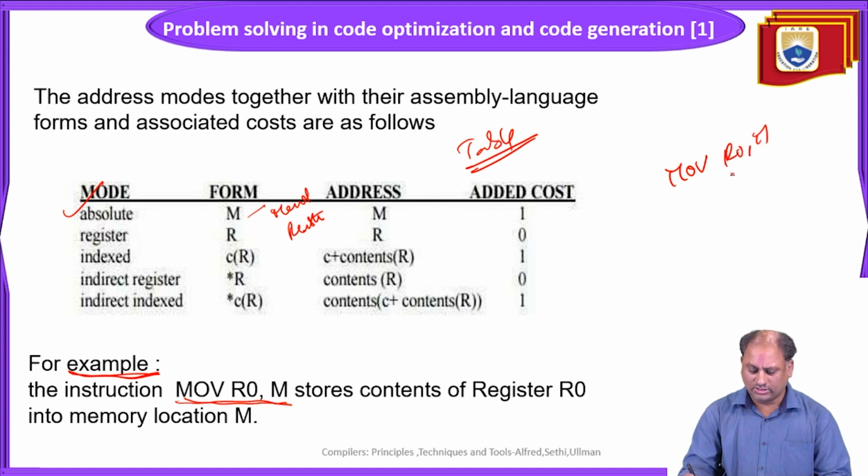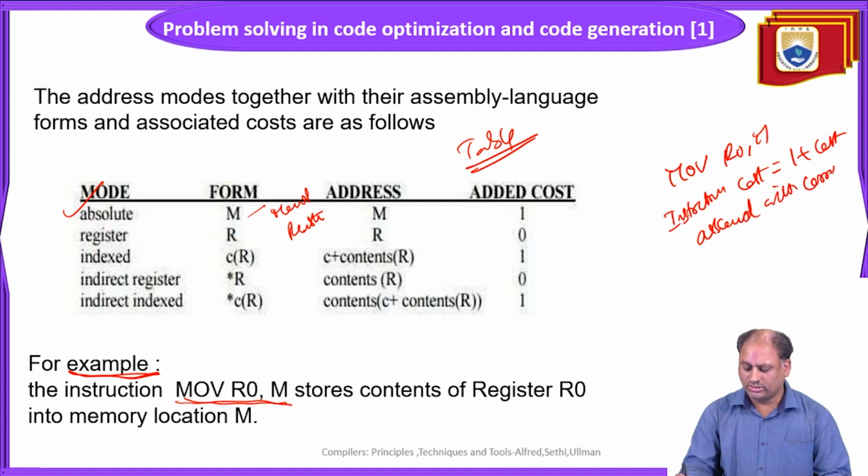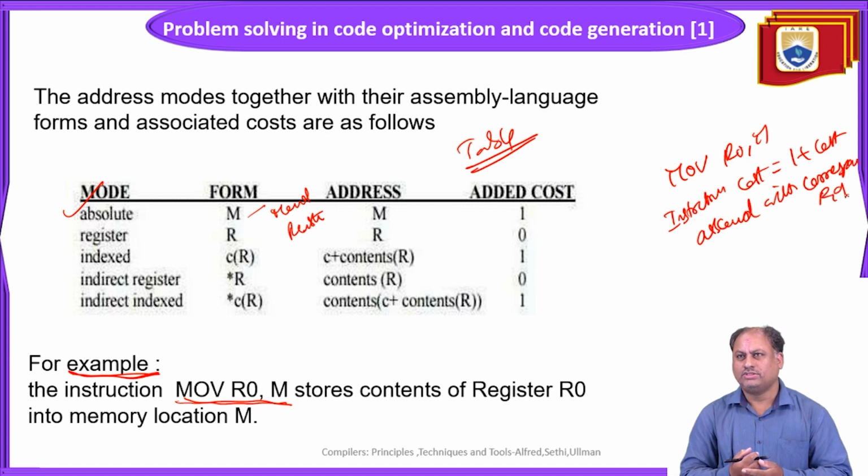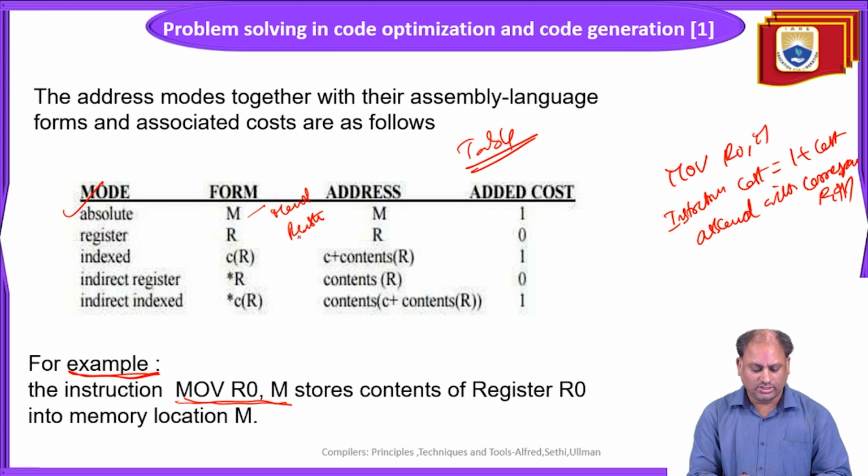Now the instruction selection, that is, what is the cost association? Instruction cost equals 1 plus the cost associated with the corresponding registers and memory locations. Now let us see this example as per the table.